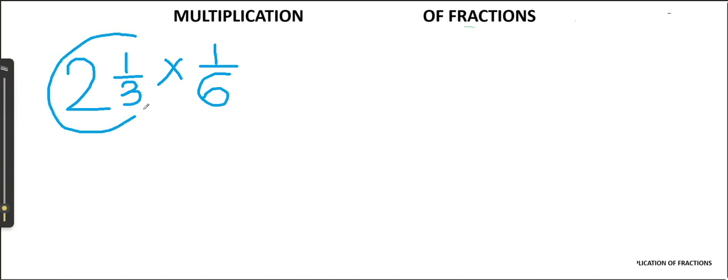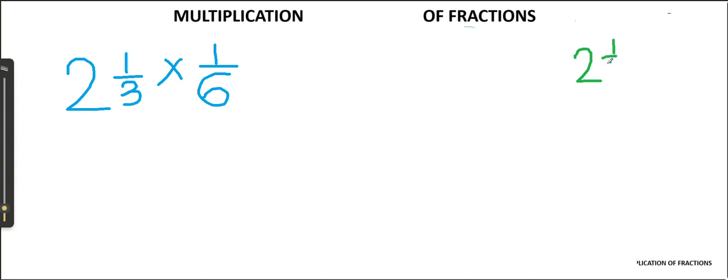So this fraction right over here is called a mixed fraction, right? If you remember, it's a peanut butter and jelly fraction. It's a mixed fraction. So we have to convert that fraction into an improper fraction before we even get started with the multiplication. And how to do that? In case you remember, you can definitely pause this video and go ahead.